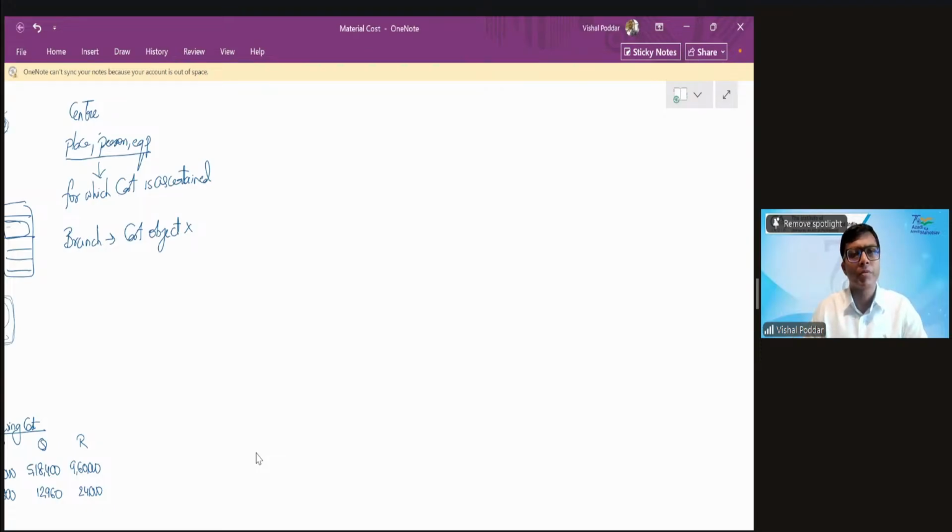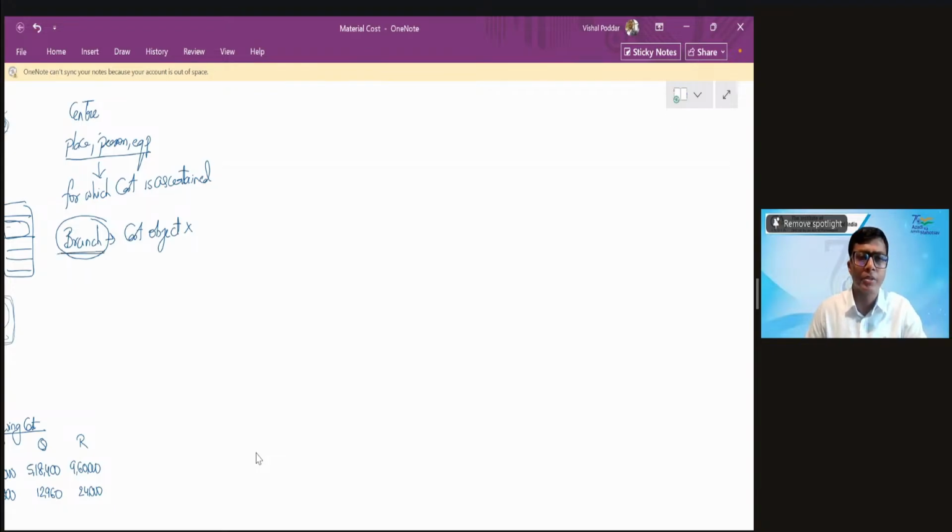But many times for the purpose of internal management, for the purpose of cost control, we find out cost for many things. Like, as I said, I want to know the cost of running a branch because I want to take a decision whether this branch is profitable, whether I should continue this branch. So many times I have to do costing of a branch.